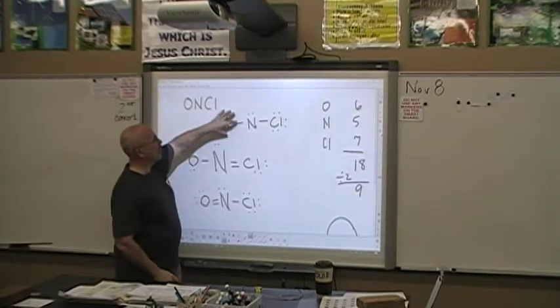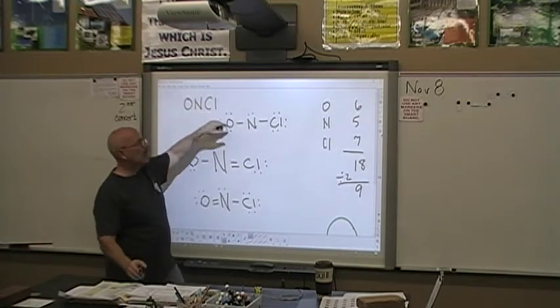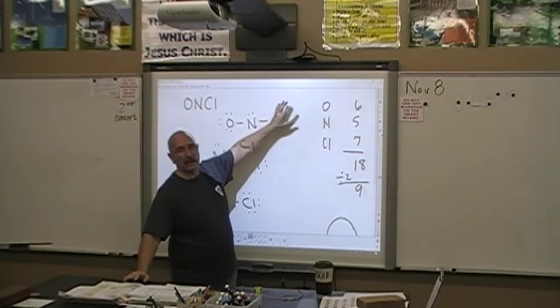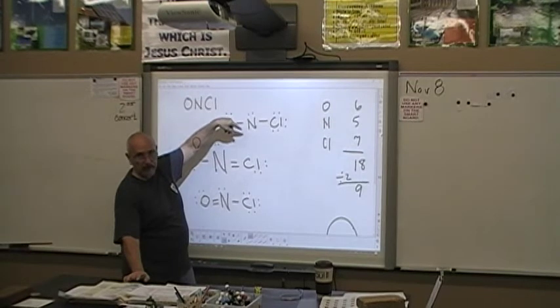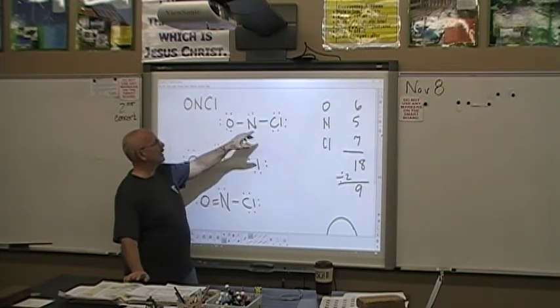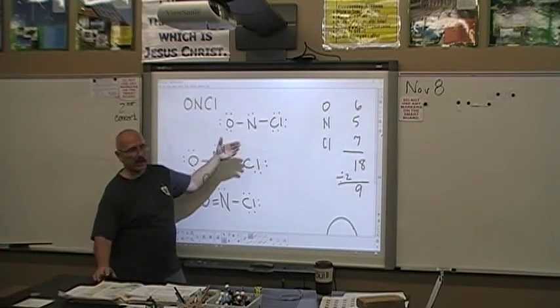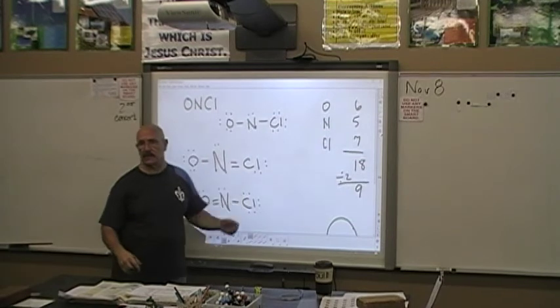I can't put them out here, because that would give him 10. He can't have 10. I can't put them out here. He would have 10. That can't happen. So the central atom gets them, if possible, if he's not already got 8. Okay? And then, since nitrogen still doesn't have 8, now we need to start looking at double bonds and triple bonds. Does that answer your question?